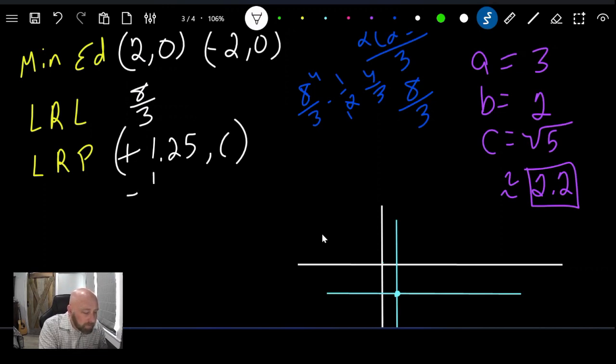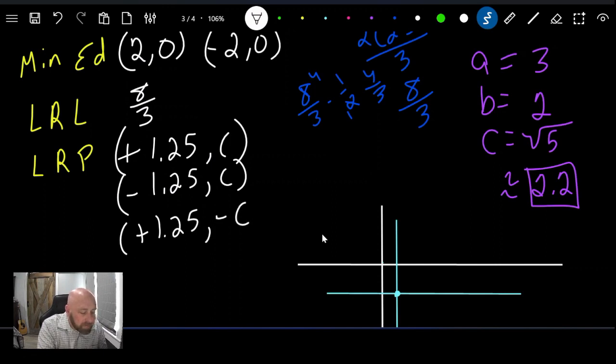We'll have a negative 1.25 comma c. We'll have a positive 1.25 comma negative c, and then we'll have a negative 1.25 comma positive c.